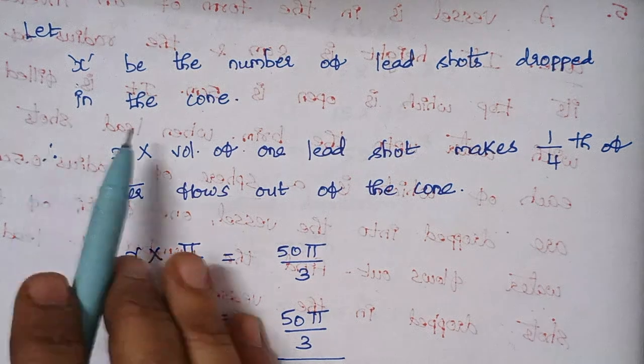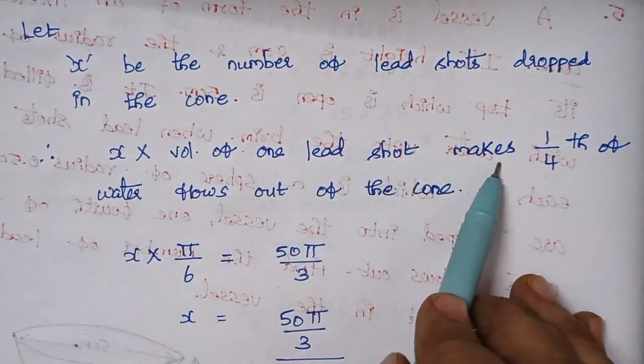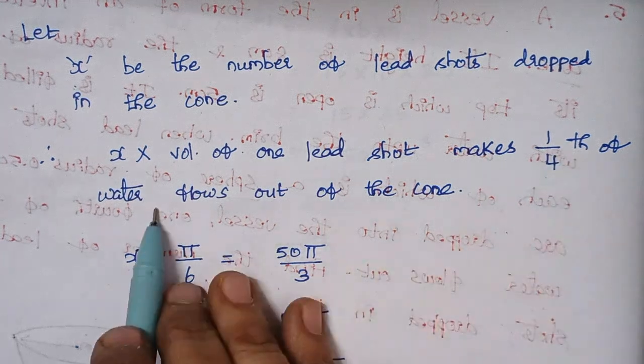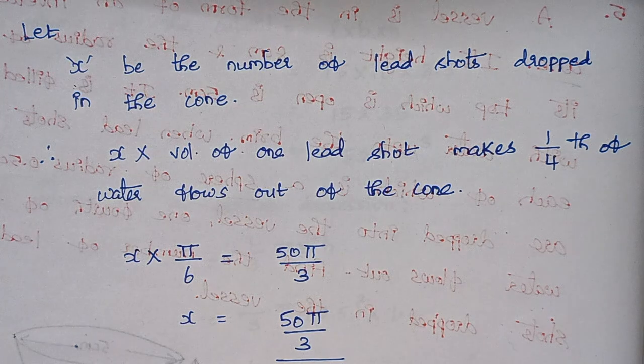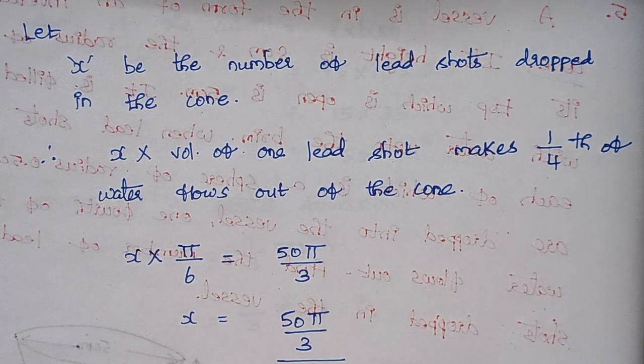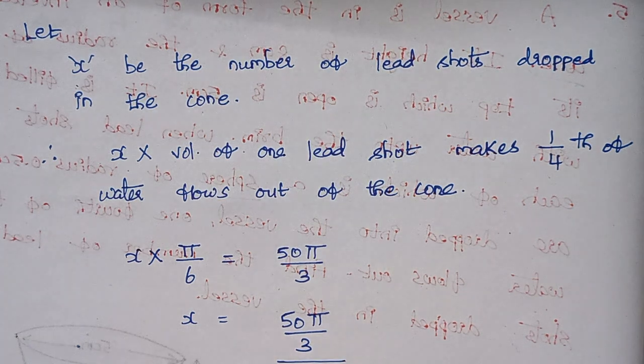So therefore, x into volume of one lead shot makes 1/4 of the water flow out of the cone. Can you get it? We know, just listen. We are dropping some lead shots, okay, some spheres into the water.